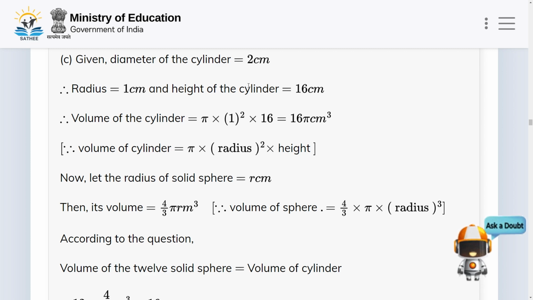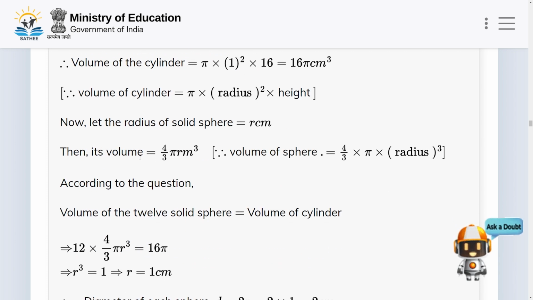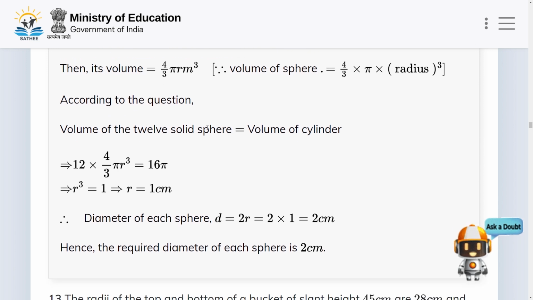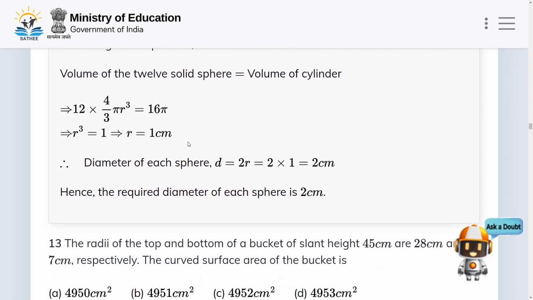Now let the radius of the solid sphere be r centimeter. Then its volume is 4/3 pi r cube. According to the question, the volume of the 12 solid spheres is equal to the volume of the cylinder, so 12 times 4/3 pi r cube is equal to 16 pi, and it implies r cube is equal to 1, so r is equal to 1 centimeter.